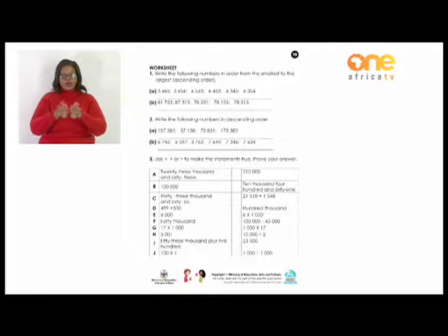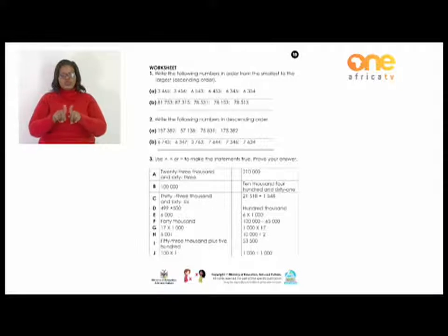That is arranging. Number 2, you need to write the following numbers in descending order. So you are going to arrange numbers from the biggest to the smallest under A and under B.